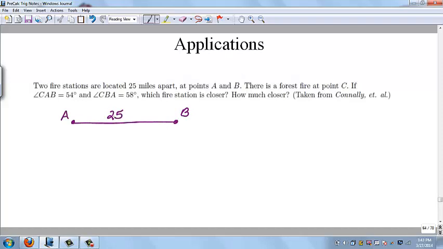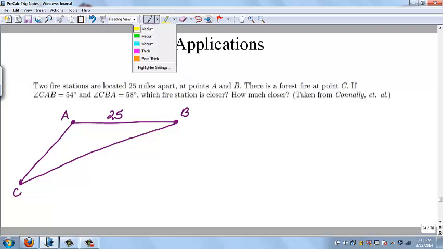They said there's a forest fire at point C. I'm going to say point C is over here, and I'm not going to make it a right triangle, so this is point C. So here's a fire over here, so we've got a fire going on over here.